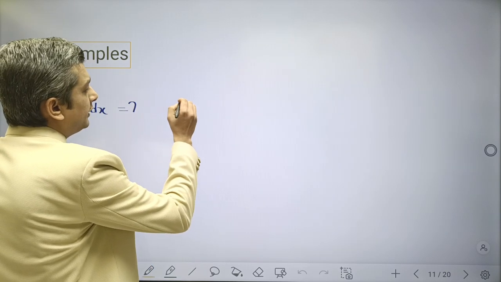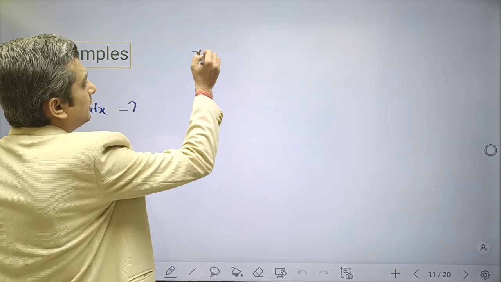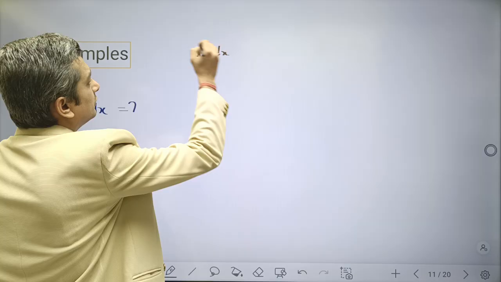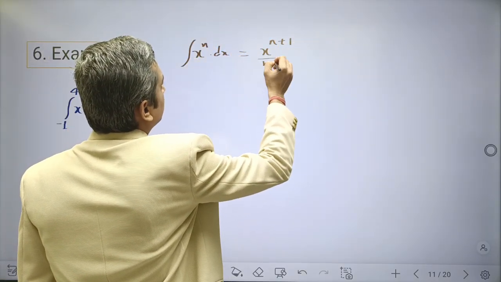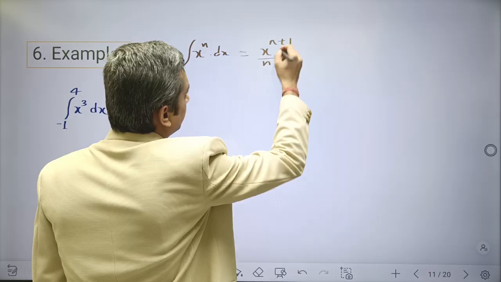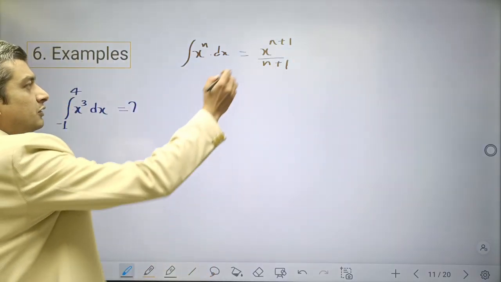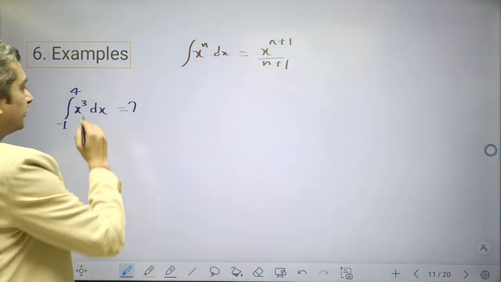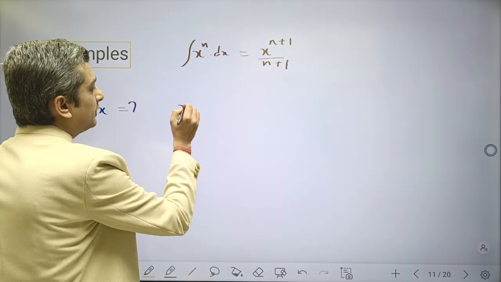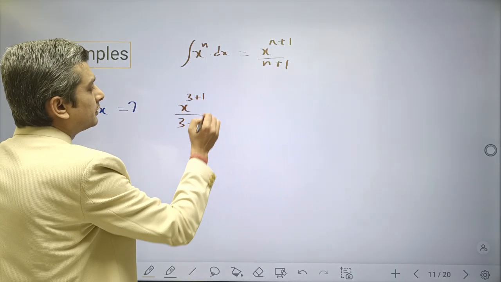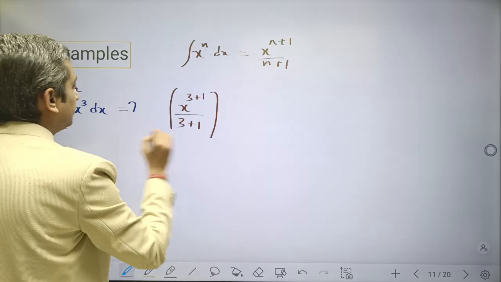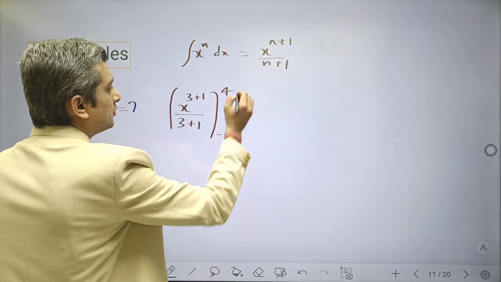So on solving we get, using the formula x to the power n dx, that is x to the power n plus 1 by n plus 1. So power gets increased by 1, and whatever will be in power will be in denominator. So x cube will be given by x to the power 3 plus 1 by 3 plus 1, then limit. So this is minus 1 to 4.